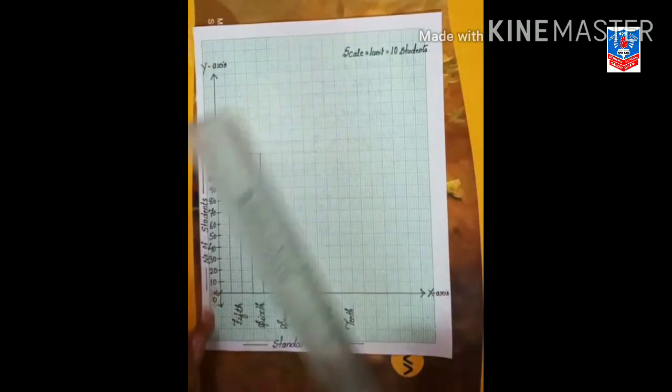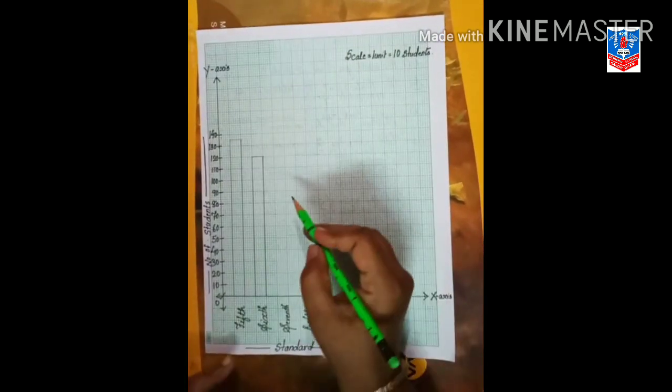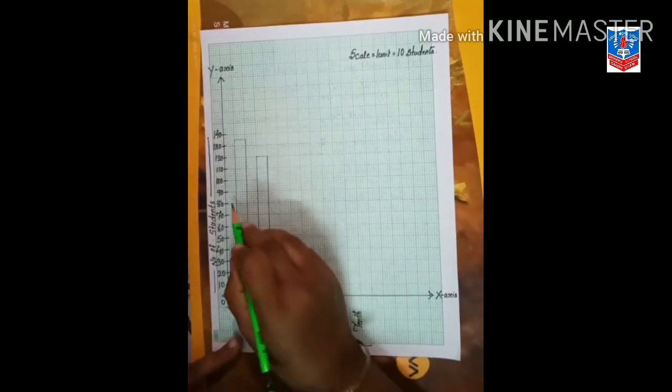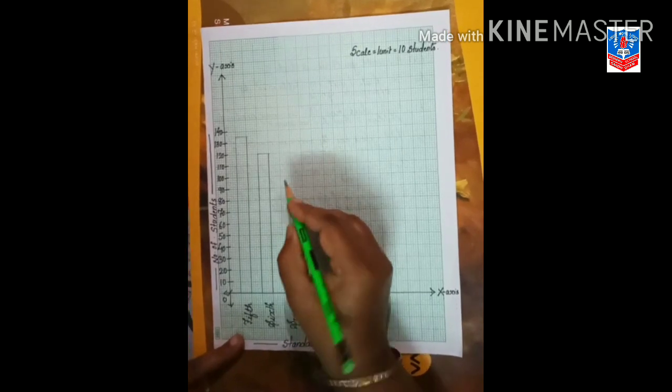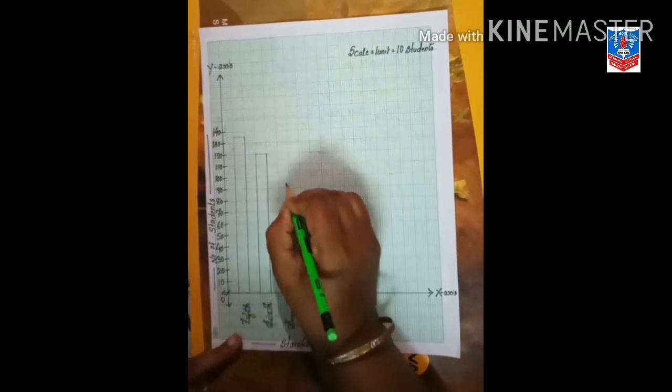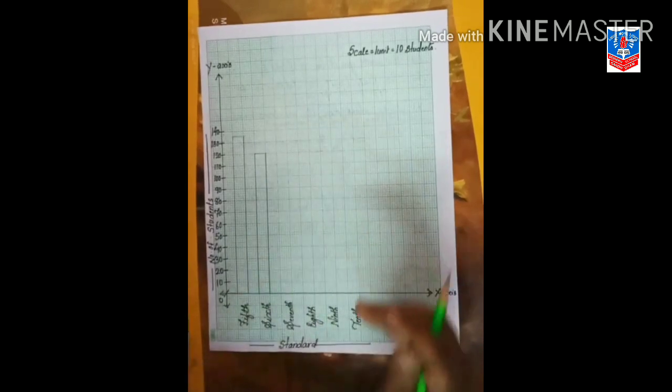Seventh standard, there is 95 students. Now see, here it is 90, 92, 94 and 95.